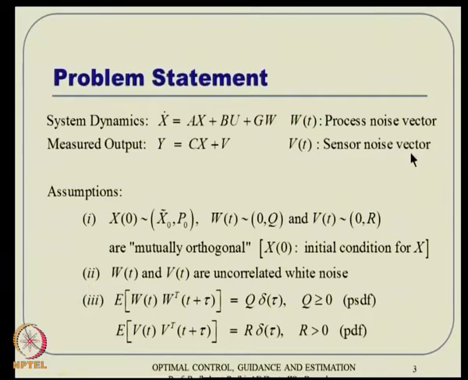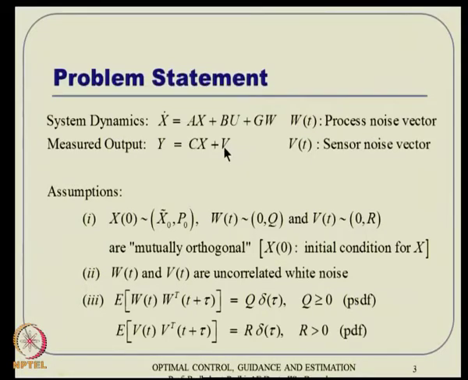There are a bunch of assumptions which will make our life much easier later. Remember these are time invariant systems, that means A, B, C, G, all are constant matrices.